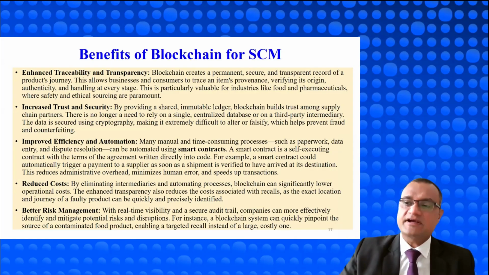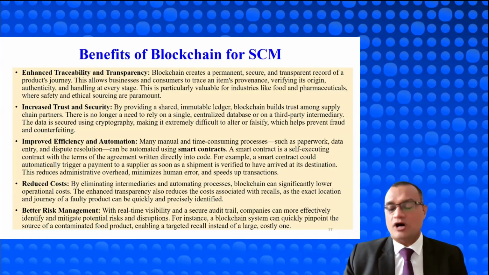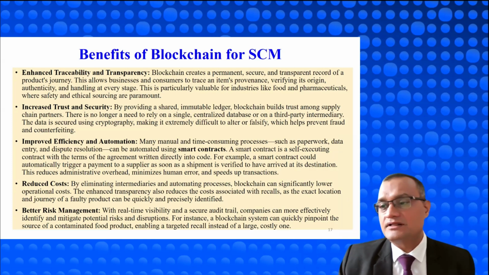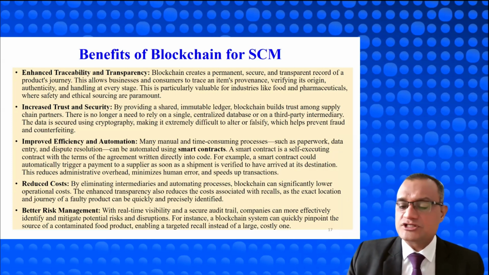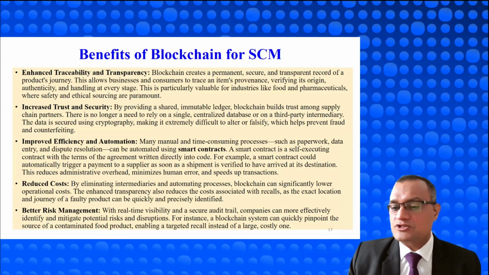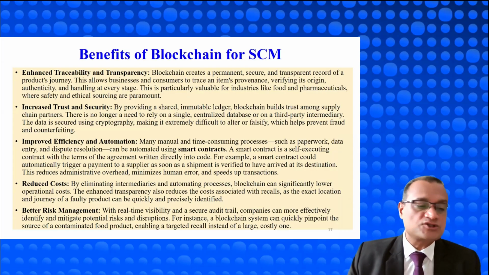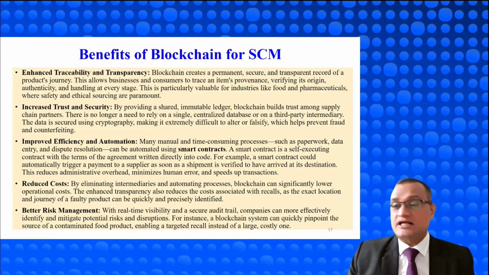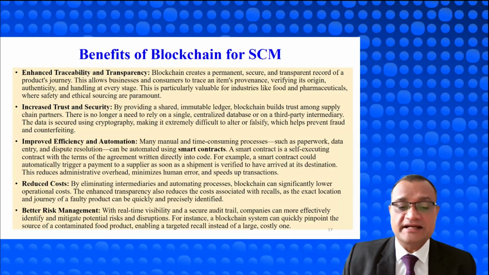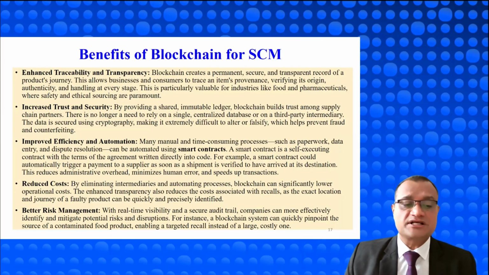This significantly reduces your administrative cost and overhead, minimizes human error, and speeds up transactions. Number four, it reduces cost because it drives out inefficiencies, automates processes, lowers operational costs, and reduces administrative effort. And there is certainly better risk management when you improve transparency, visibility, and your resilience to disruptions using blockchain technology.